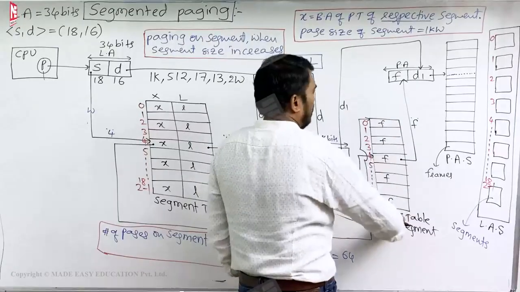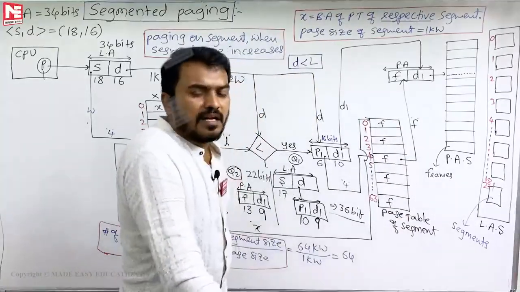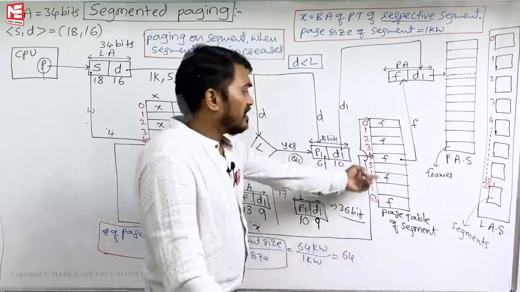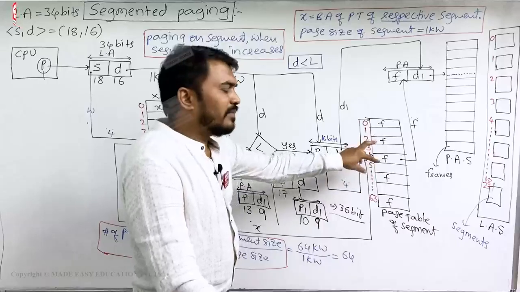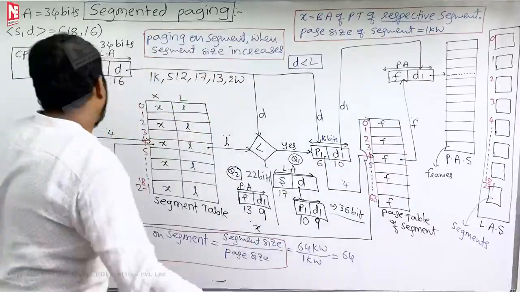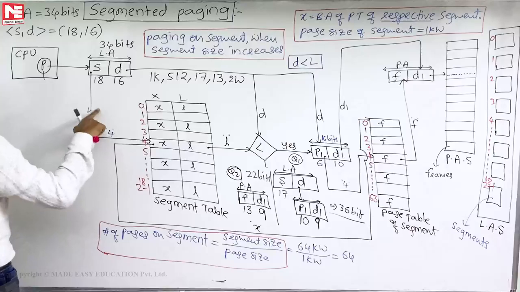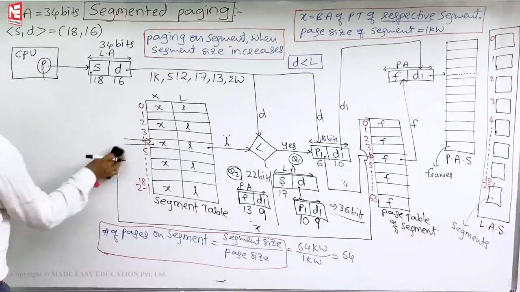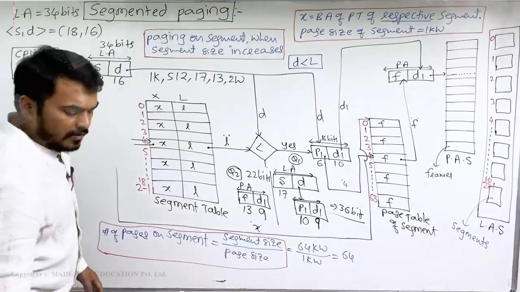Same formula: number of entries in the page table multiplied with the page table entry size. I will write it here. Okay, I am just removing this. Now tell me.